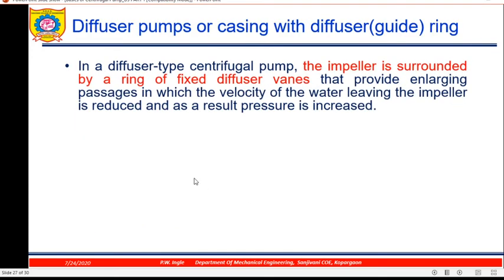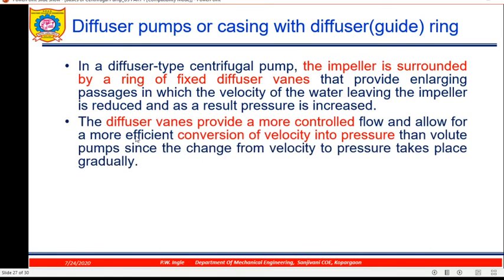Now next is diffuser pump, or casing with diffuser or guide ring. In a diffuser type of centrifugal pump, the impeller is surrounded by a ring of fixed diffuser vanes that provide enlarging passages in which the velocity of water leaving the impeller is reduced and pressure is increased. So diffuser vanes provide a more controlled flow and allow a more efficient conversion of velocity into pressure than volute pump.